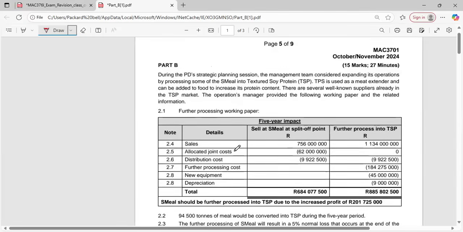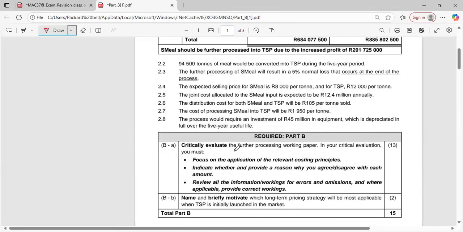And if you check in our question, let's go to our question. The question says, critically evaluate the further processing working paper. Critically evaluate. This is just like you are marking. You are marking what was done by the other guy. When you critically evaluate, it means you are marking.